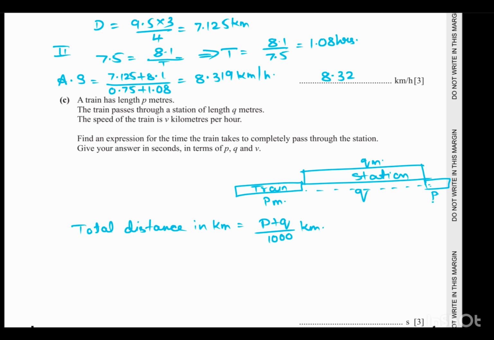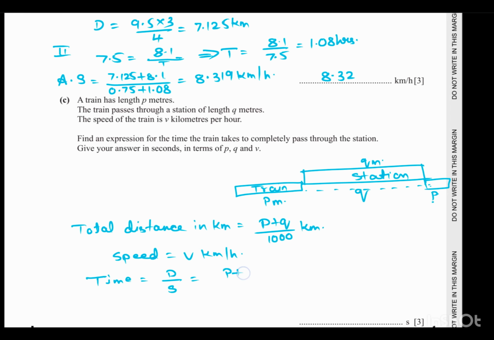Then we need the time. So we know the speed here. What is the speed? Speed will be v kilometers per hour, right? So using the speed, distance, time formula, time will be distance by speed, right?